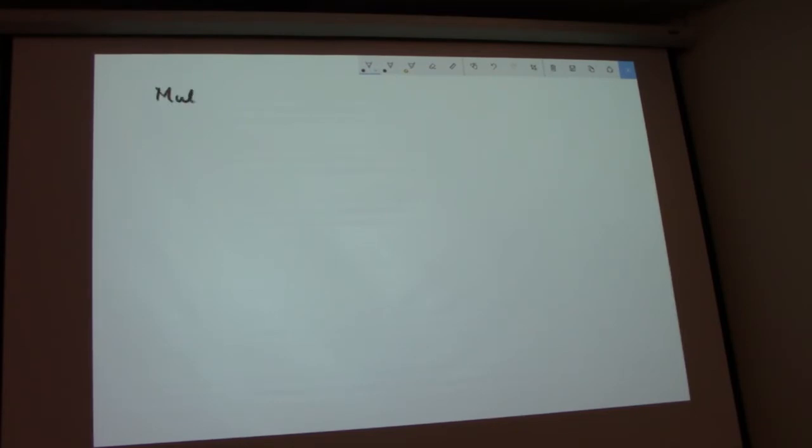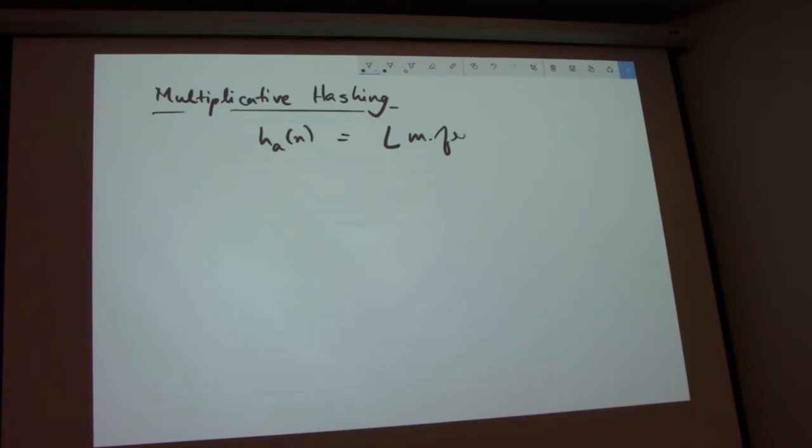One is multiplicative hashing. So here, H_a of x is the floor of m times the fractional value of x times a.